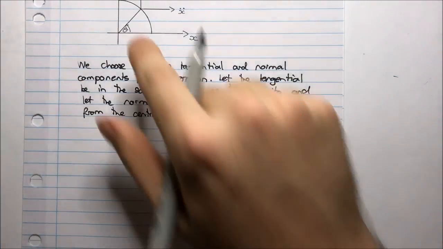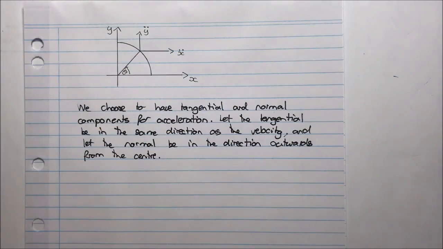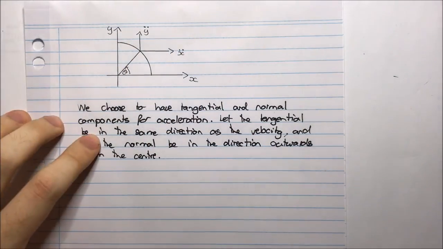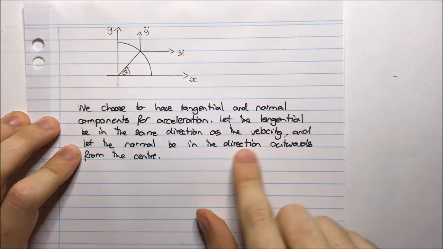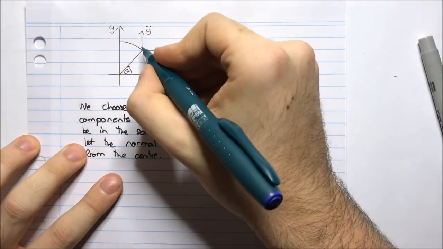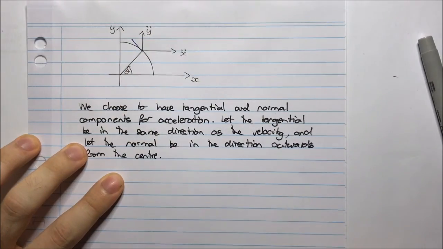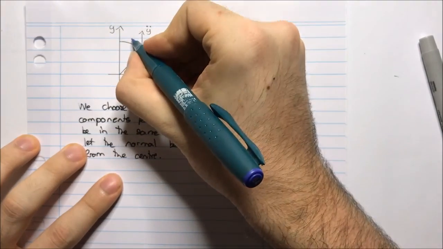Okay, so now we need to decompose the y acceleration and the x acceleration into components of tangential and normal directions. So to do that, here I'm going to have a normal component like this, and I'll have a normal direction.